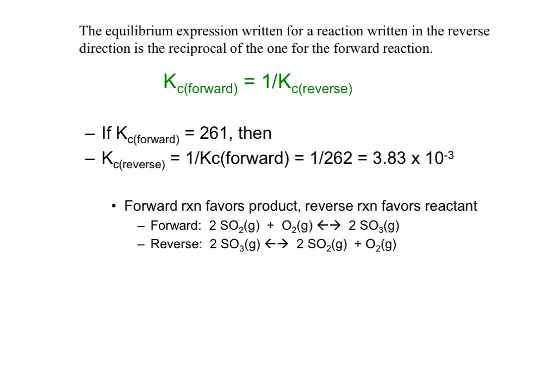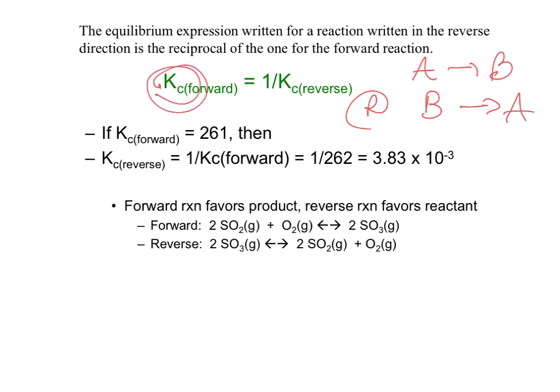All right, and a final way that you can manipulate chemical equations and equilibrium constants: if you have a reaction, let's just say A goes to B, and you reverse that reaction, products become reactants and reactants become products. If that's the case, you change the equilibrium constant to 1 over that equilibrium constant when you reverse a reaction.